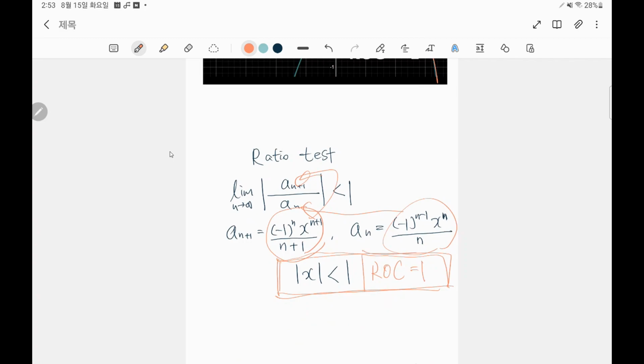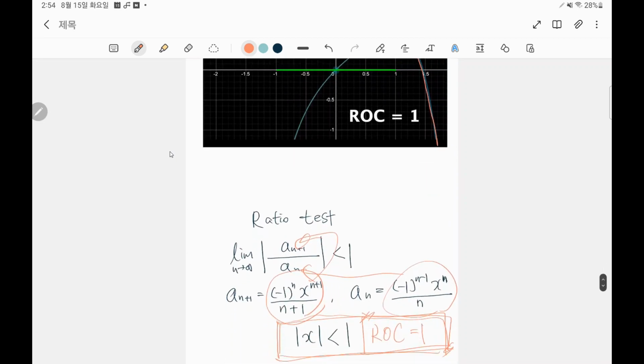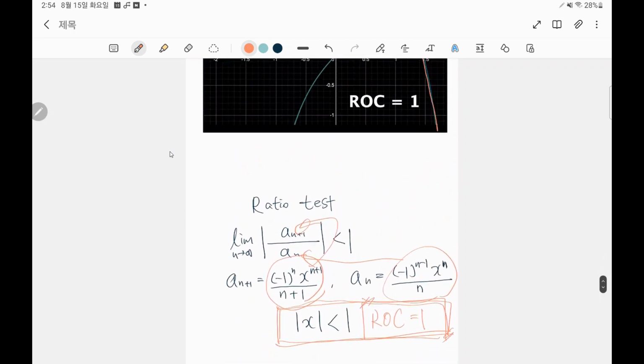The radius of convergence is 1. The radius is a circle, right? Its radius is 1, and this is 1, 1. So the length is 2, but the radius is just 1. You can get the radius of convergence, which is 1.